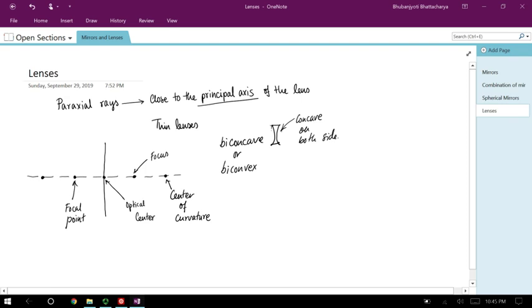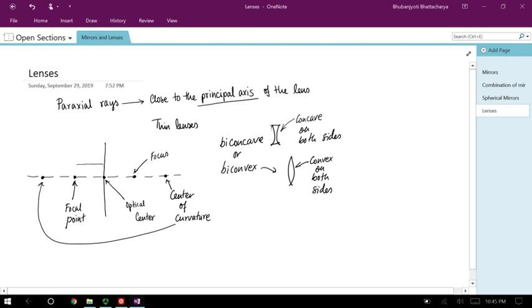And then biconvex would look something like this, right? So this is convex on both sides. All right, so that's biconvex or biconcave lenses, and so they will have a focal point and a center of curvature, again, on both sides.